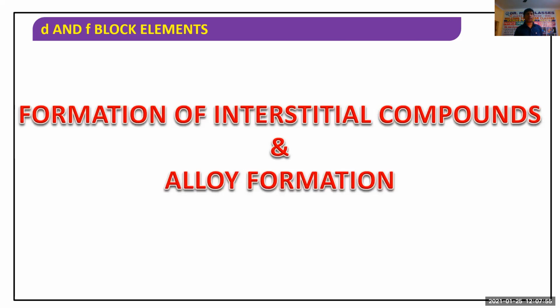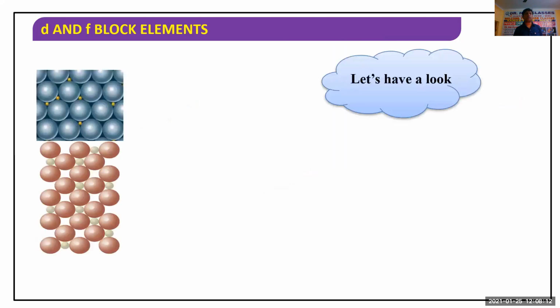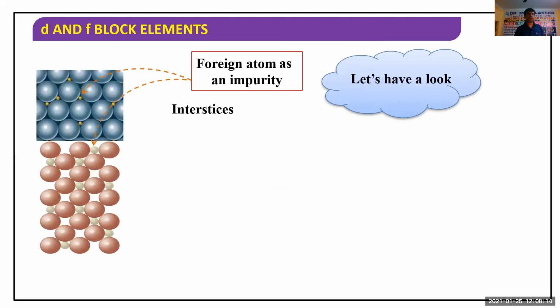Formation of interstitial compounds, alloy formation. Where is it placed? We have heard that nothing is 100% pure. Even the purest gold is 99.9% pure. What is that 0.1% impurity? For n atoms, there are so many gaps in the solid state. In these gaps, there are so many impurities.